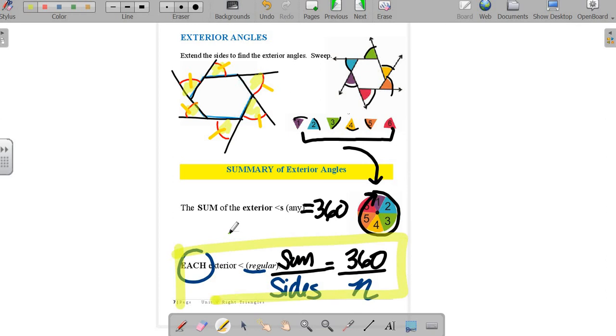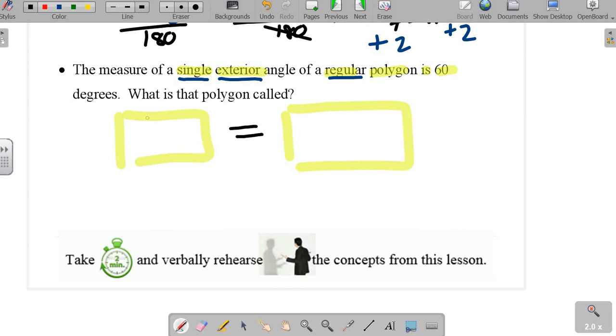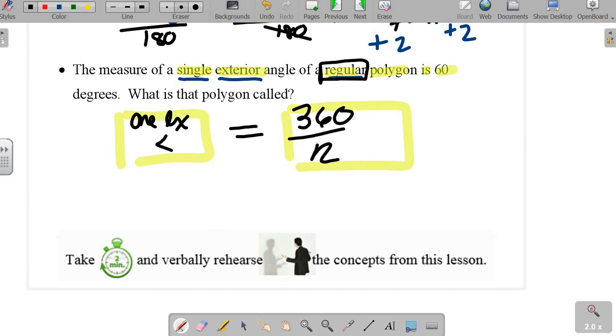So this is my equation I'm using, and we write it like this. Remember, equations have two sides, always with an equal sign. So one exterior angle in a regular polygon, this only works if it's regular, is 360 over n. And we come over here and we ask ourselves, what is the polygon called? Which means we're solving for n, because n is the number of sides.